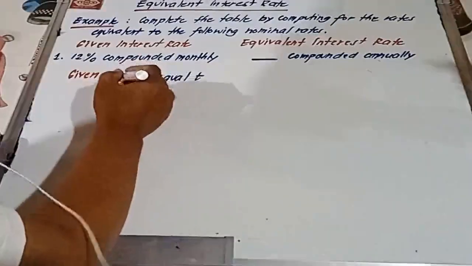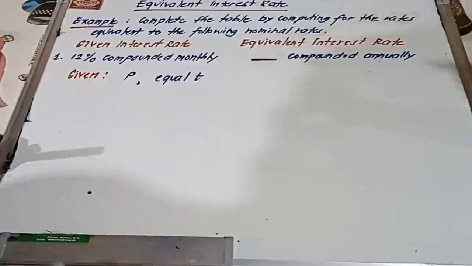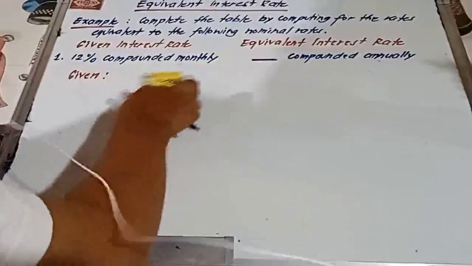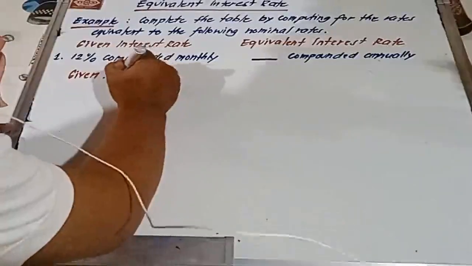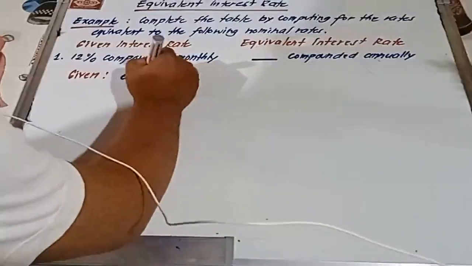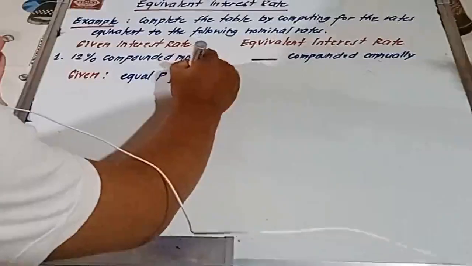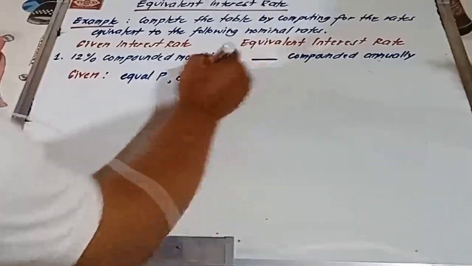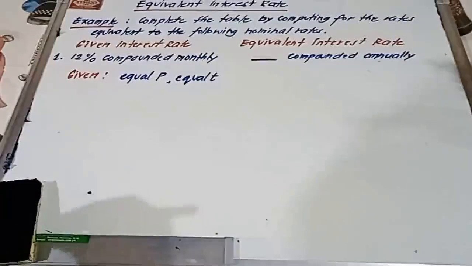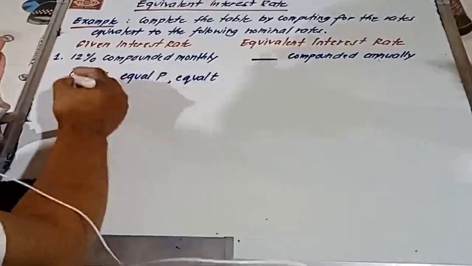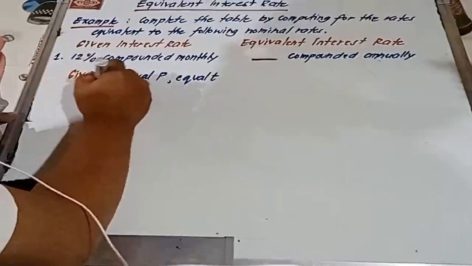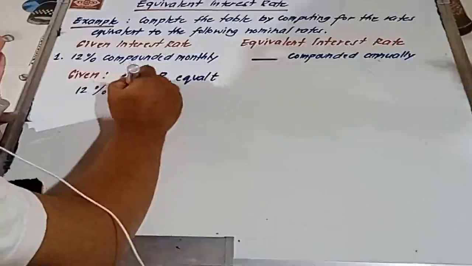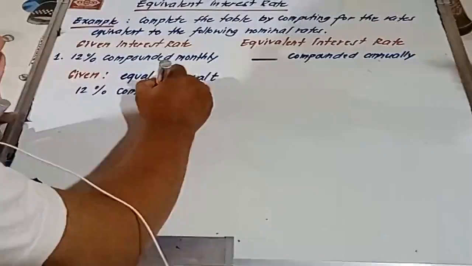Equal P, equal T. Okay. And then, ano pa yung given? 12% compounded monthly.